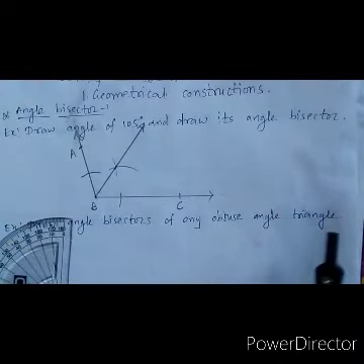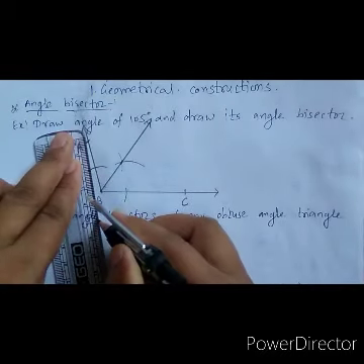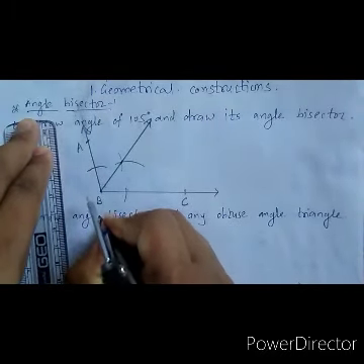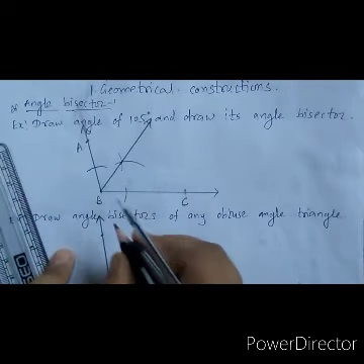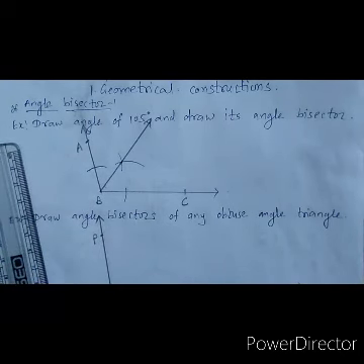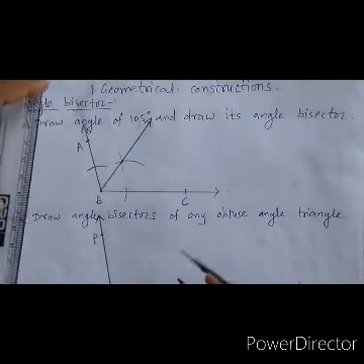So we have to join these 2 points. Now we have to take a point on this ray and give the name of this point P. Now PQR is an angle of 100 degree.